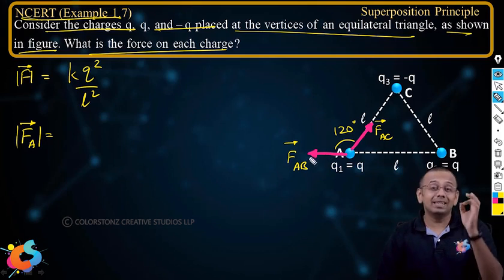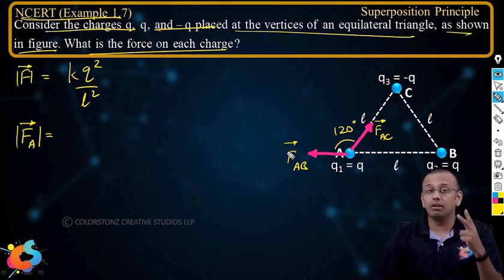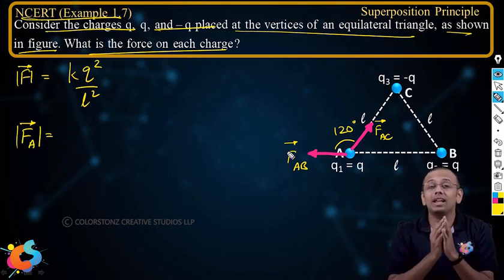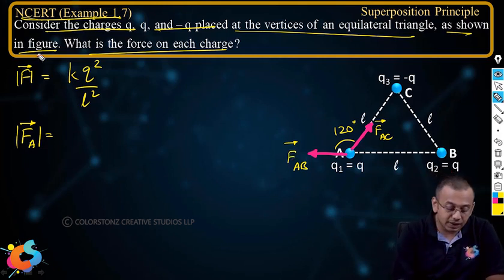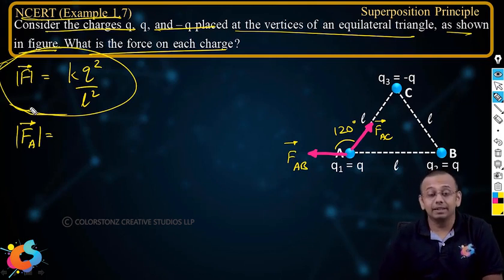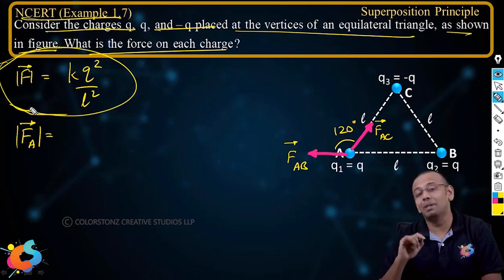This is a special case, and you must remember the result of such a special case, it will really save a lot of time in competitive exams when you are solving questions. If there are two forces or any two vectors which are acting at 120 degrees and their magnitude is the same, then the resultant will also be equal to that same magnitude.